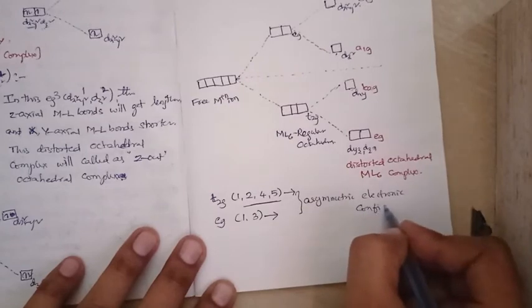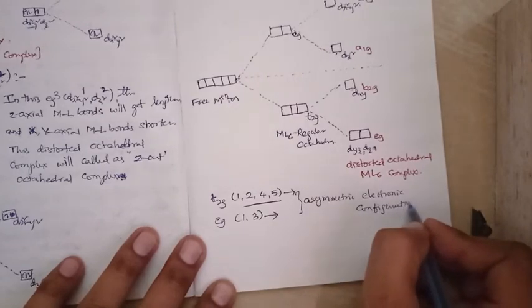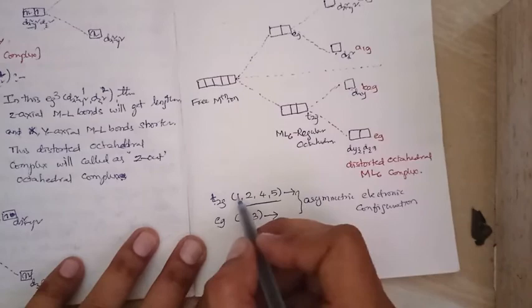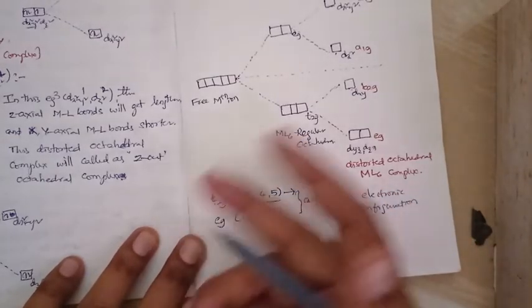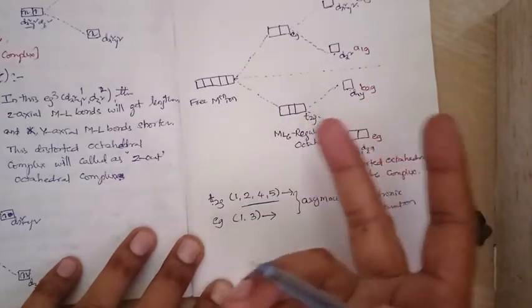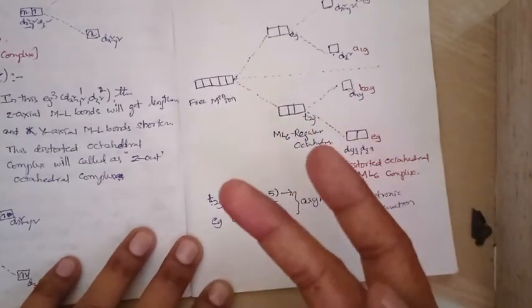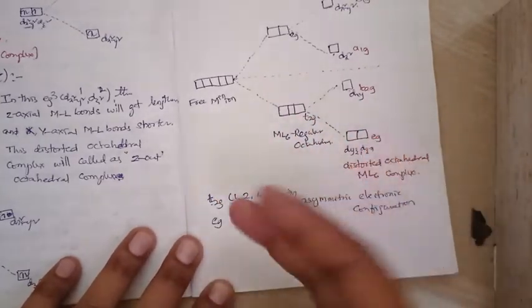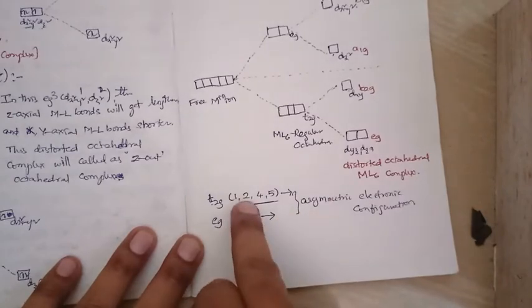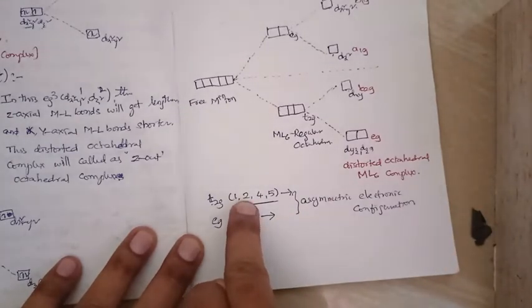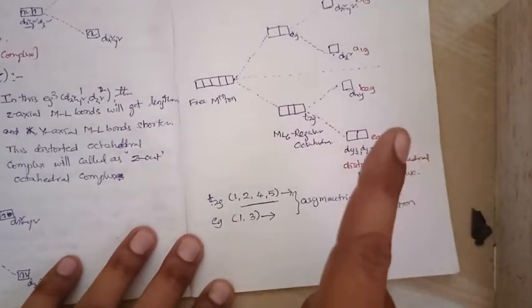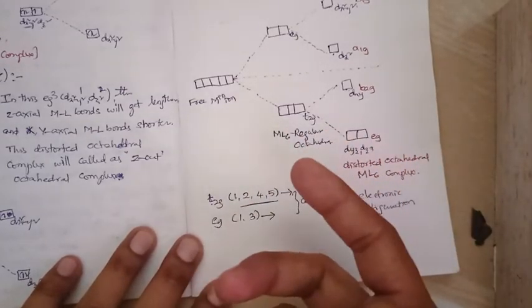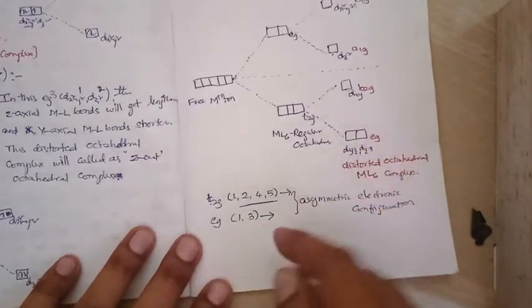When T2g has a single electron, one orbital will be filled with one electron and two will be empty, so it is not an equal distribution of electrons in T2g. Even for T2g2, two orbitals will be filled with electrons and the other one will be empty. That is also an asymmetric electronic distribution.